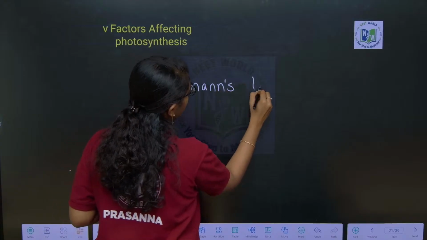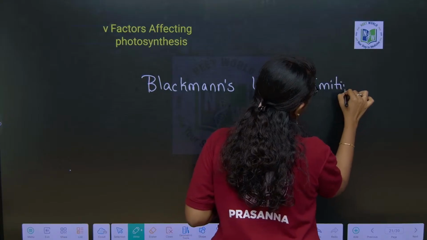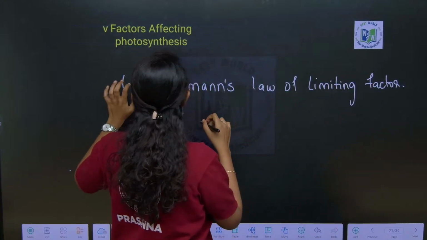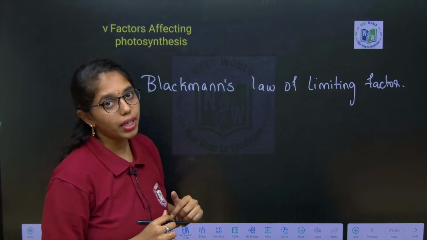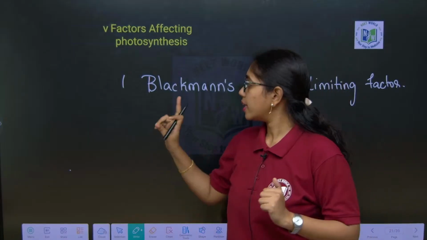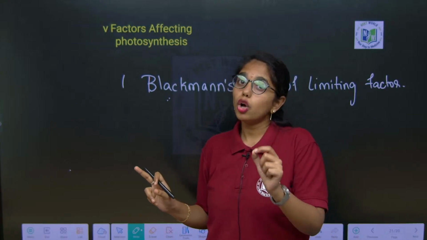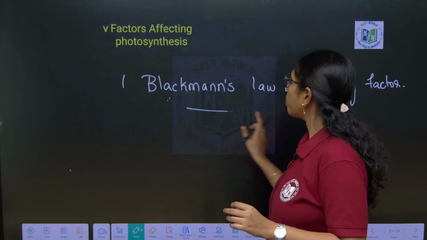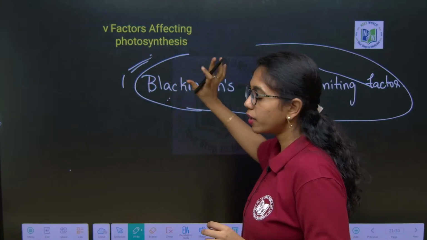What does this law say? It says that when any biochemical reaction is carried through multiple factors, the process is determined by the factor which is nearest to the minimal value. That decides the whole process of the biochemical reaction. That is Blackman's law of limiting factor, do remember.